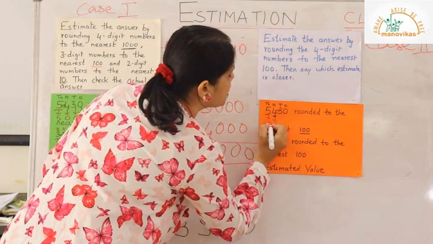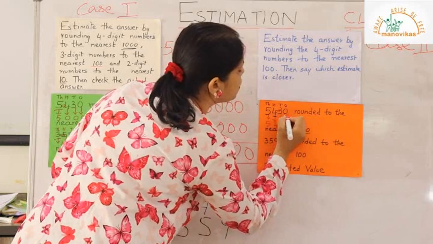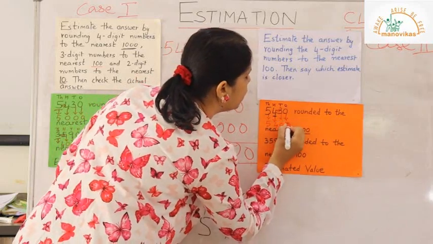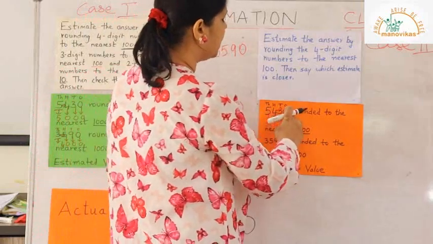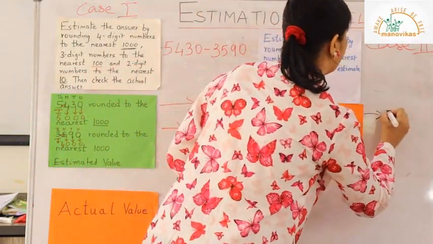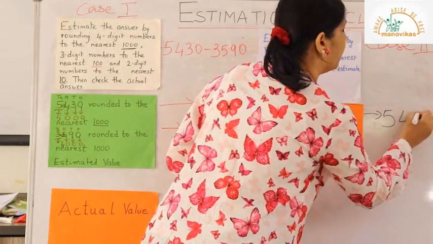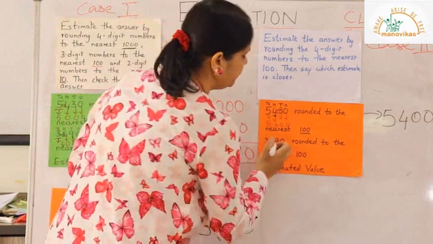The thousands place will remain as it is and the other two digits will become 0. So 5430 rounded to the nearest 100 is how much? 5400, right?